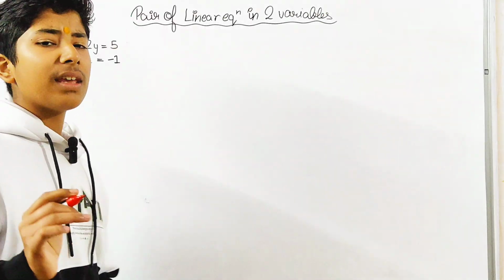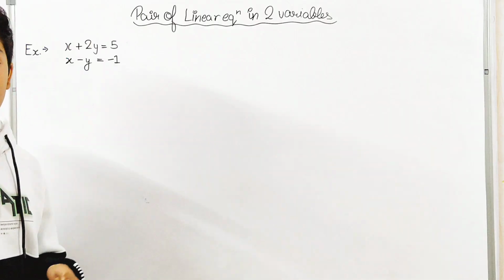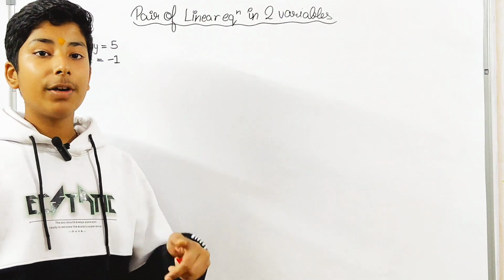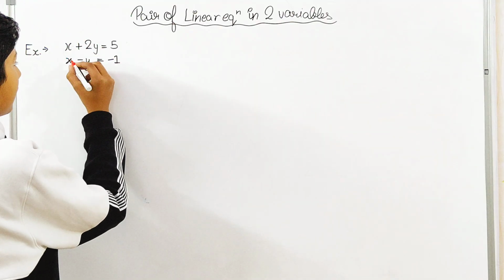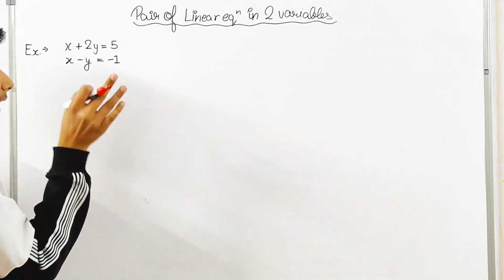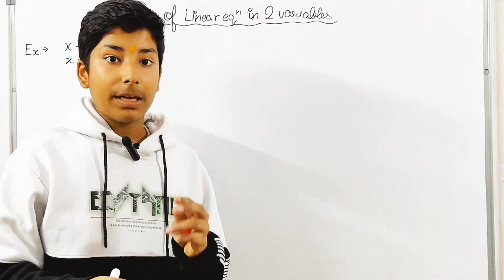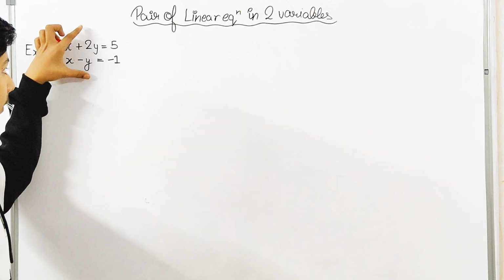See, what is the elimination method? It is a type of method where you eliminate any one term, any one variable basically. For example, here it is x and here also it is x. So either we'll add them or subtract them in such a way that one of these variables gets removed and only one variable remains.